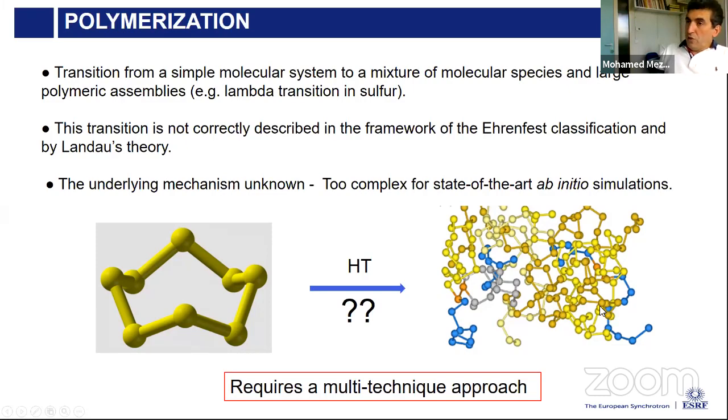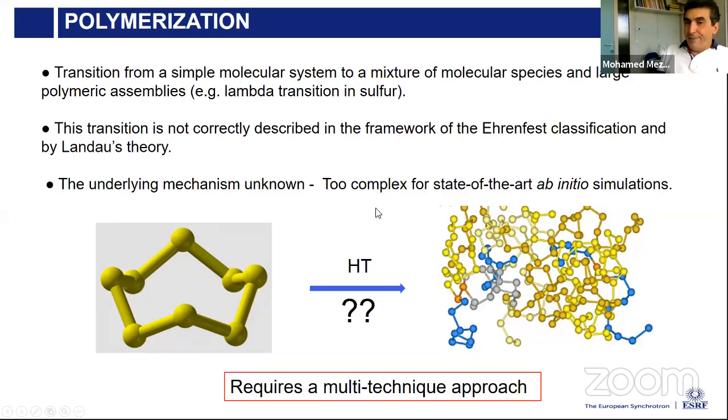As mentioned before, this transition is not correctly described in the framework of the Ehrenfest classification, or by Landau's theories, or any theories, actually. The underlying mechanism is unknown, and this is also too complex for state-of-the-art ab initio simulations.